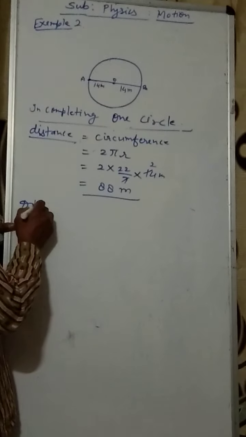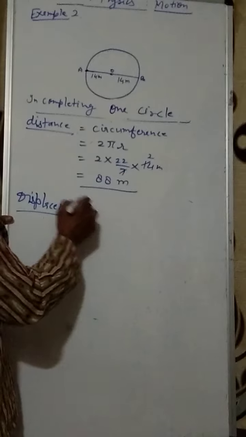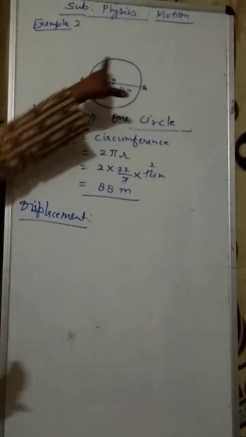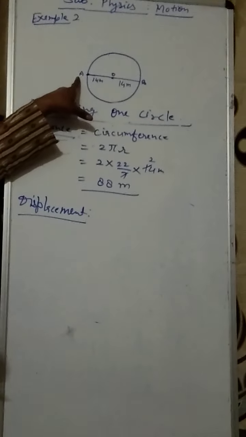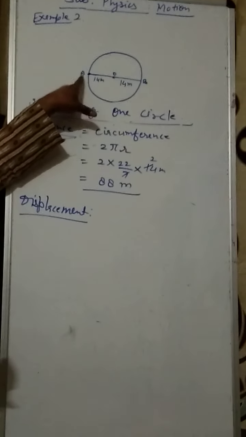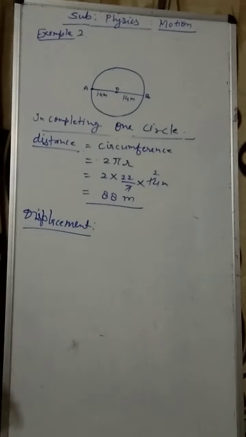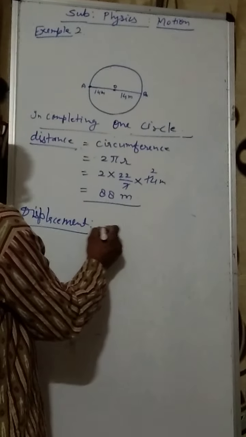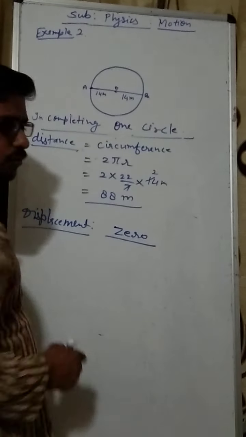Now displacement. As you know, in one complete circle it starts from A and again comes to point A. Displacement is the shortest distance between the initial point and final point. Here the initial and final points are the same, A. That means no difference, so displacement is equal to 0.